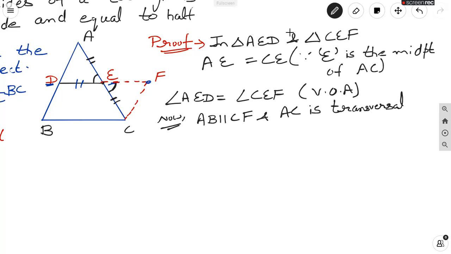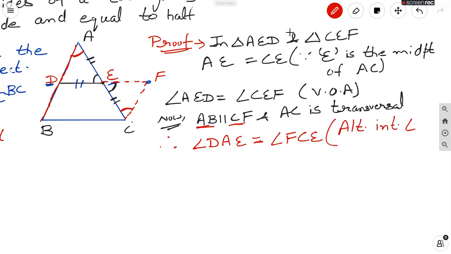Therefore angle DAE is equal to angle FCE. Reason is alternate interior angles.